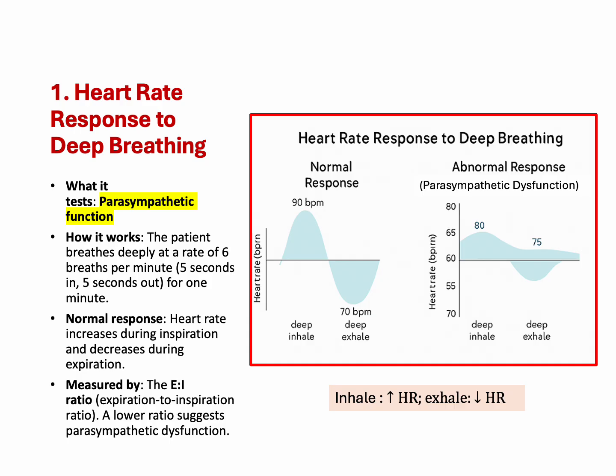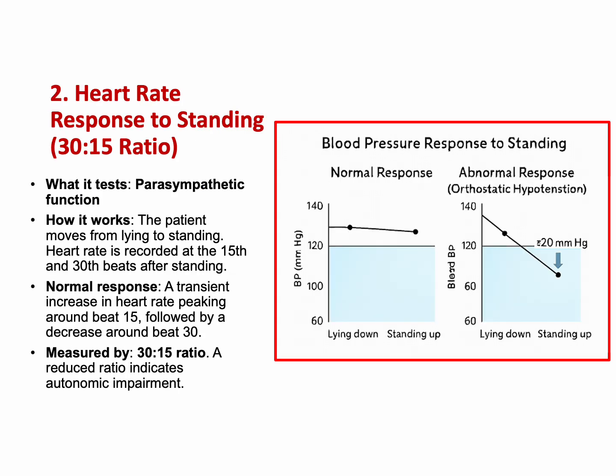A lower ratio indicates parasympathetic dysfunction. On your right, the diagram illustrates that a well-functioning parasympathetic system produces smooth heart rate variation during breathing. When this response is weak, showing little change, it suggests diminished vagal tone, an early sign of autonomic imbalance.